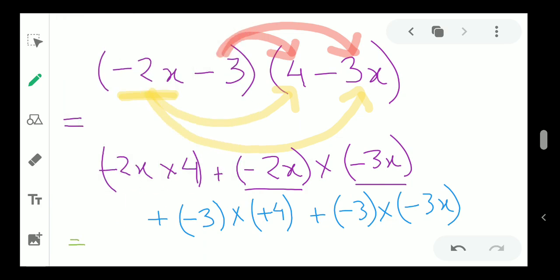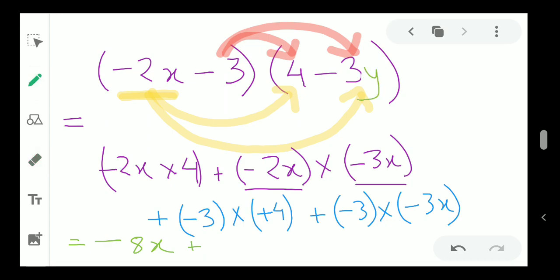So you can see that minus 2x into 4. So minus and plus become minus. So minus will be in front of it. 2 4s are 8x. Plus, now minus into minus, minus into minus, this minus and that minus. Okay, so minus into minus will be plus. 2 3s are, oh, it was y, I forgot, my goodness.